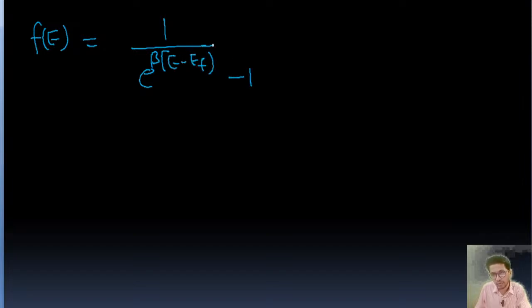This is the Fermi-Dirac function, okay. That is 1 upon e to the power beta into E minus Ef, minus 1. Okay, so this is the Fermi-Dirac distribution function, guys.